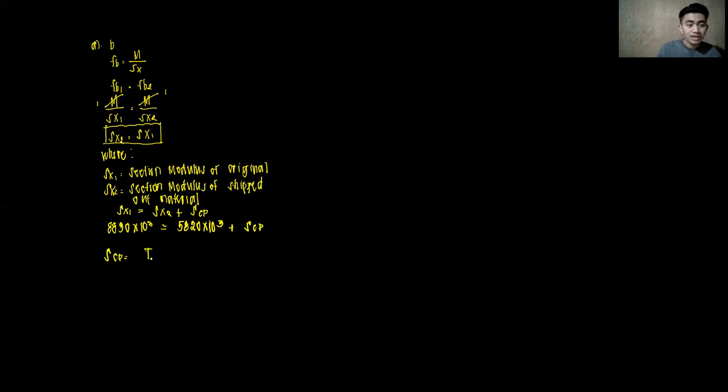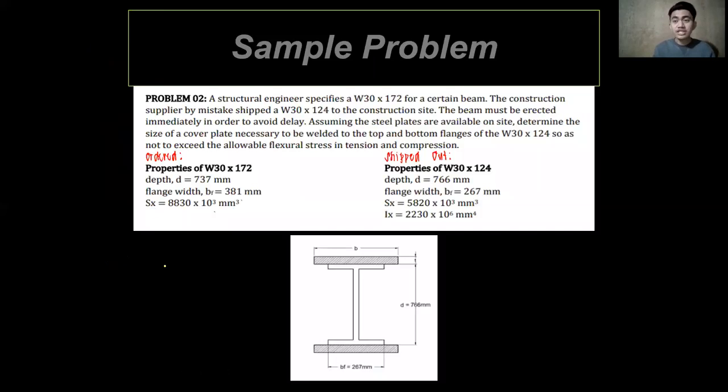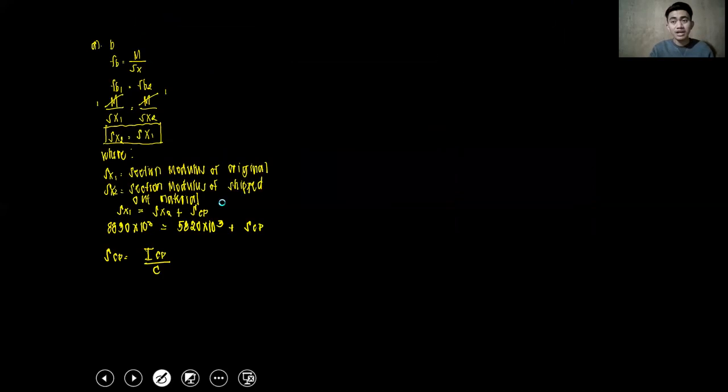That is the moment of inertia of the cover plate all over C. Do take note why we used this equation: the section modulus of the shipped out material must be equal to the section modulus of the ordered material. And how will that happen? That is by adding the section modulus of the cover plate to the section modulus of the shipped out material. That is how we got this equation.